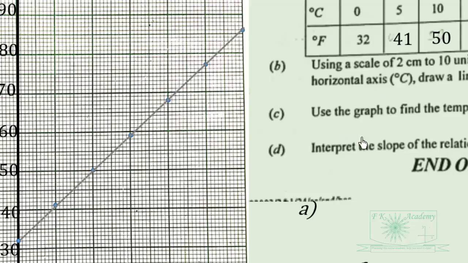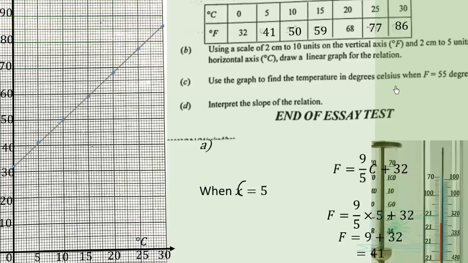We come to the C part. Use the graph to find the temperature in degrees Celsius when F equals 55 degrees. So we come here, 55 is here. 5 boxes above 50. So we trace to the graph and trace downward. You can see that here each of the boxes is 0.5 because the interval is 5, and we have 10 boxes, so 5 over 10 will give you 0.5.